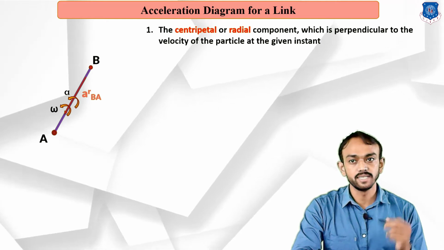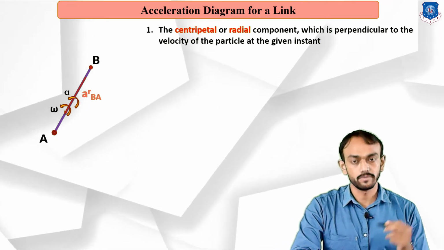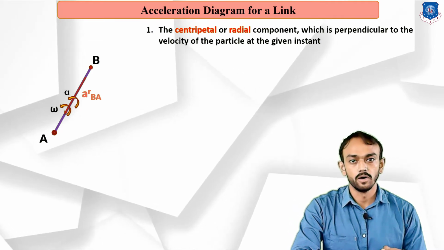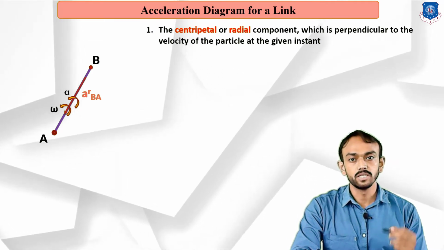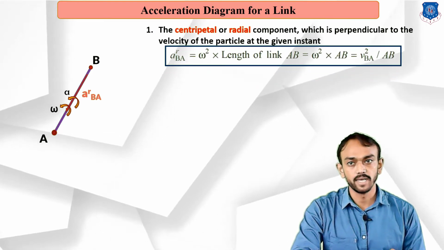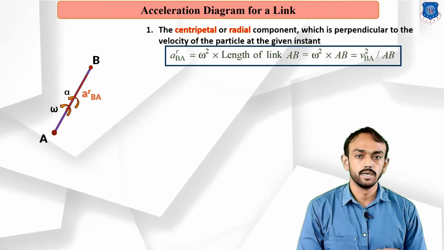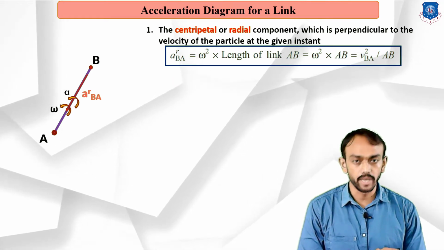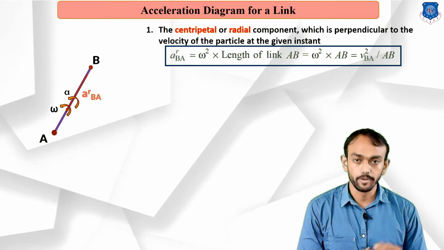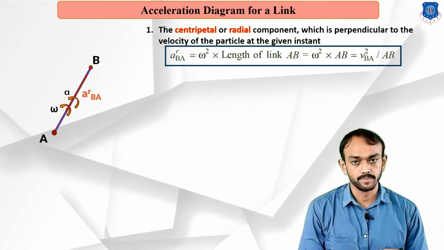You can see here a_rBA means the radial component of acceleration of B with respect to A. There is a formula, which you can see on the screen. The radial component of B with respect to A is the angular velocity squared into the length of link AB.